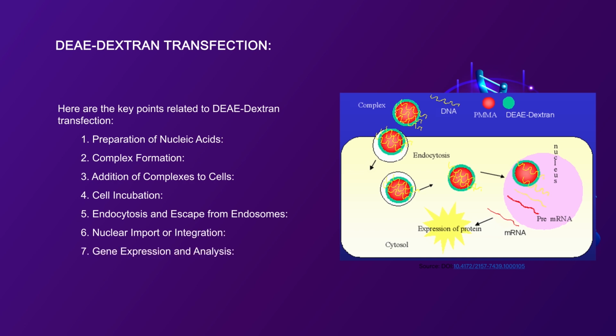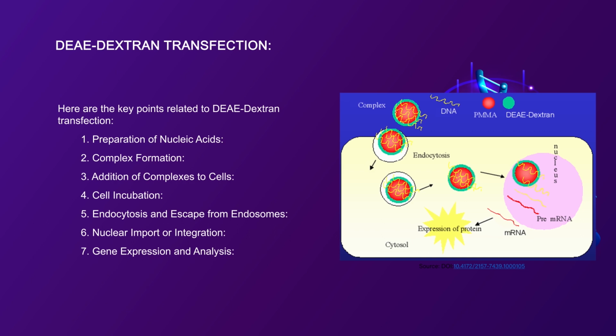The nucleic acid is then isolated from a plasmid, PCR product, or synthesized from a template. After that, DEAE dextran is added into this nucleic acid solution, usually at a specific ratio to form a complex. DEAE dextran binds to the nucleic acid, protecting it from degradation and facilitating cellular uptake.